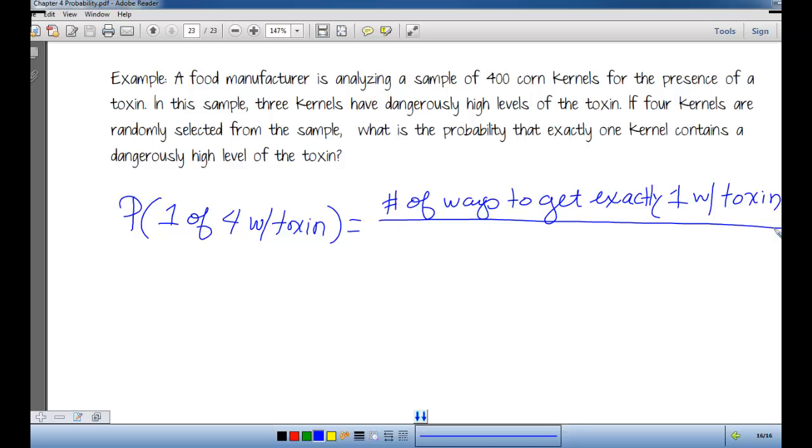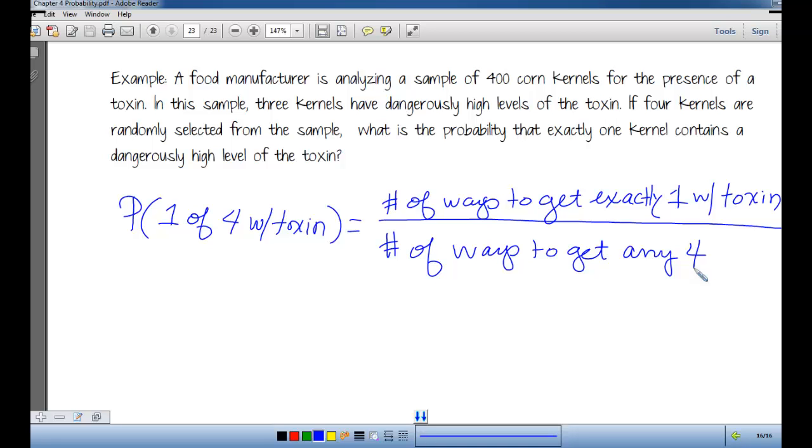We've got to select 4, right? So we want to know the number of ways to get any 4. Okay, up top, we want to get 4 where only 1 has toxin. And on the bottom, it's any 4.